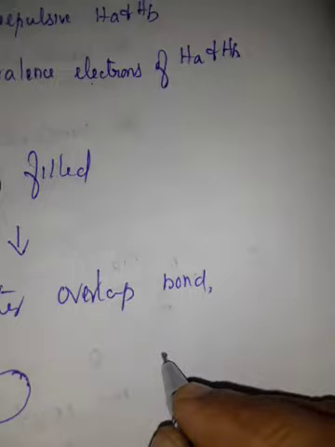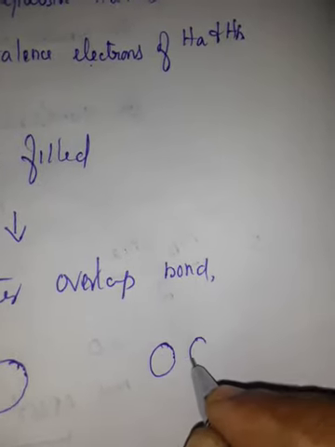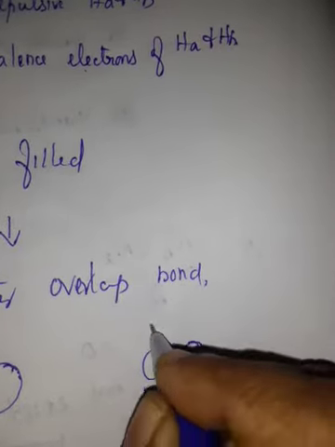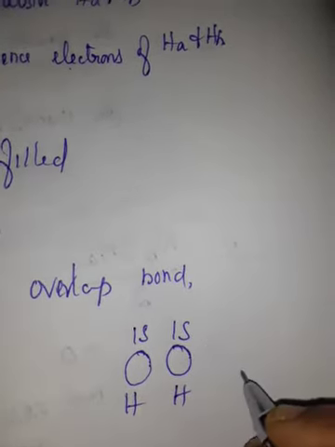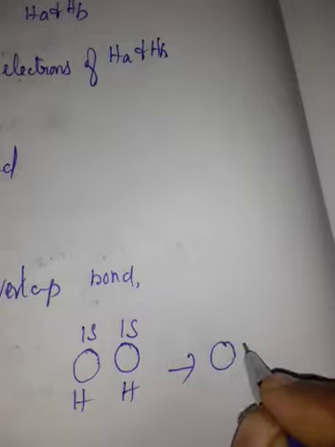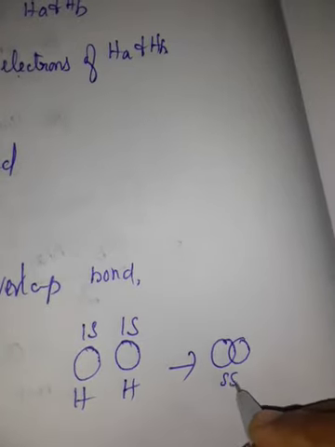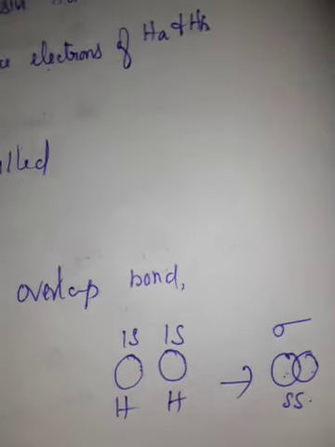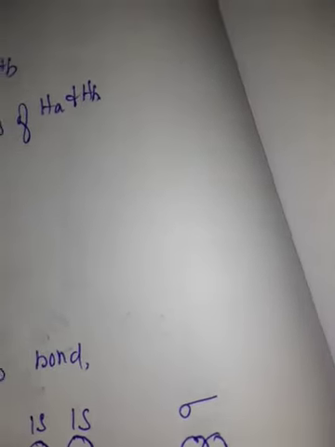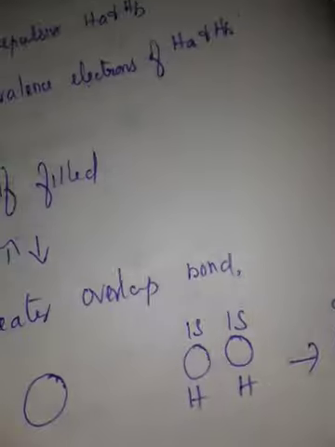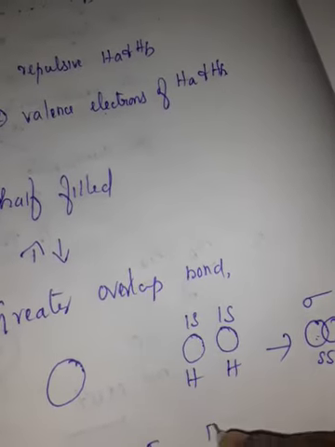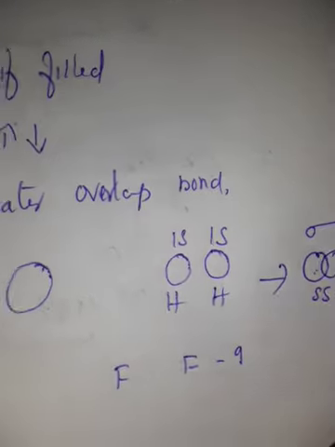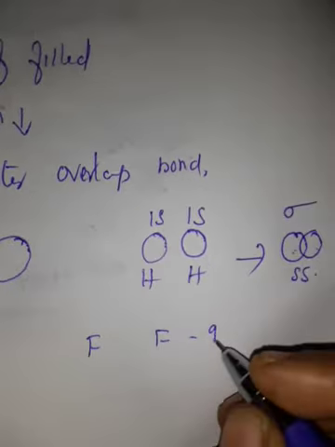For example, consider the 1s orbital of a hydrogen atom. If they overlap like this, it is s-s overlapping, head to head overlapping, and a sigma bond is formed. Similarly, for two p orbitals, for example, take fluorine, atomic number 9, 1s2, 2s2, 2p5.